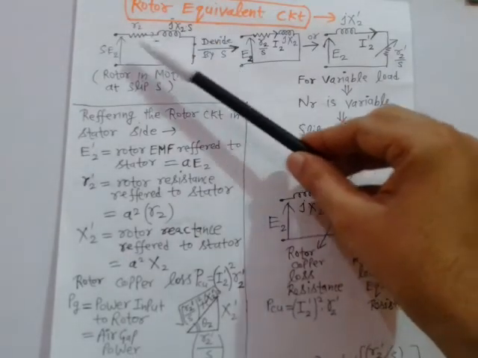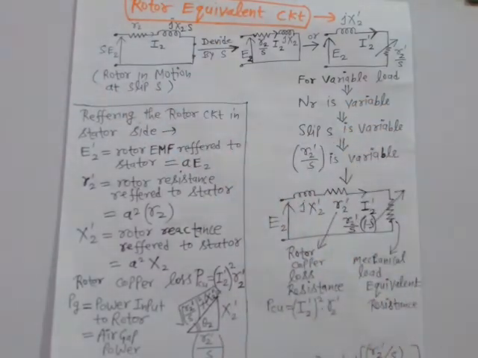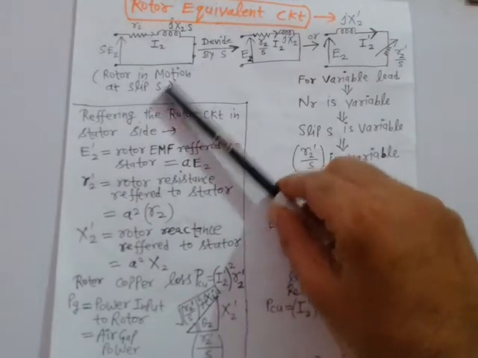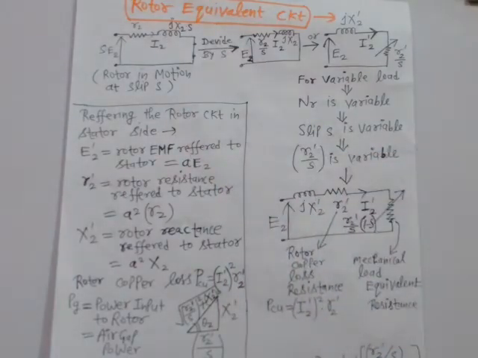So when the rotor is in motion, there will be a difference in speed between the rotating magnetic field and the rotor. The higher this difference in speed, that means the higher the relative motion, the higher the induced EMF developed, because the higher the flux cutting the rotor conductor, right?